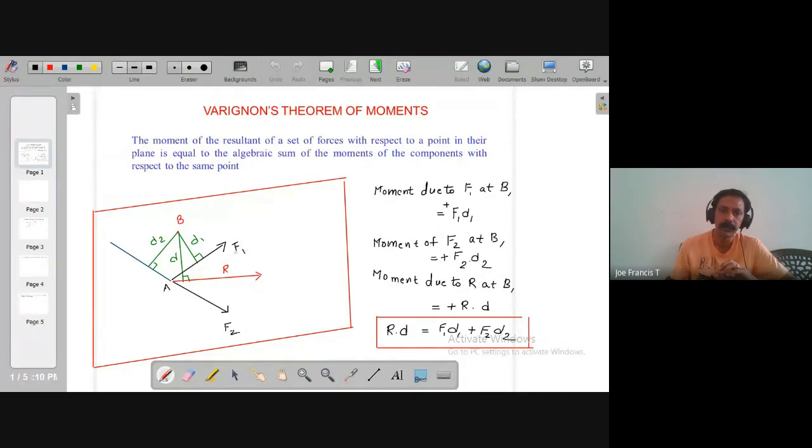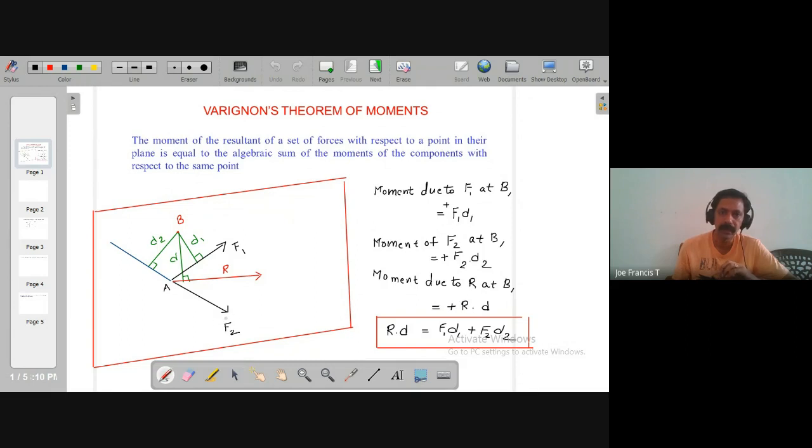Moment due to the force F1 at B is given by F1 D1. It is going to create an anti-clockwise moment. So sign is positive. So moment due to F1 at B is plus F1 D1. Similarly, let's take the next force F2.